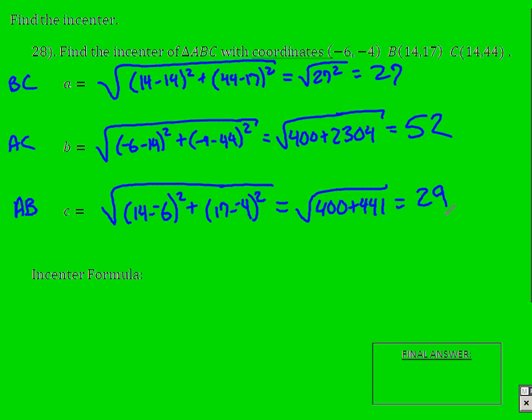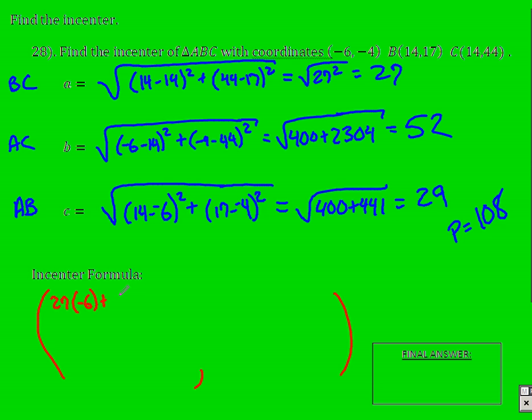So that means I also need one more thing. I need to know my perimeter. Perimeter, adding all three of these up, is 108. Now, using the incenter formula and using it correctly, we need to do the following. We're going to have a big ordered pair here, essentially. So, I need to first do my distance of A, so 27, multiplied by the x value of A, negative 6.